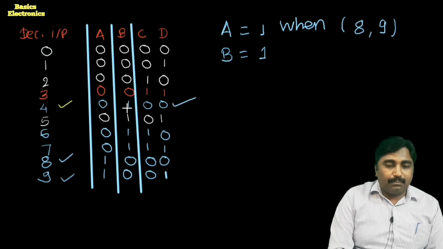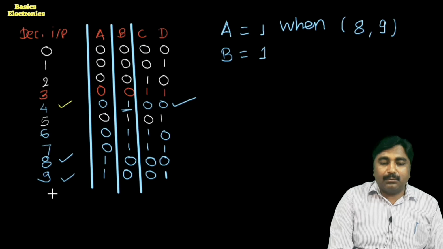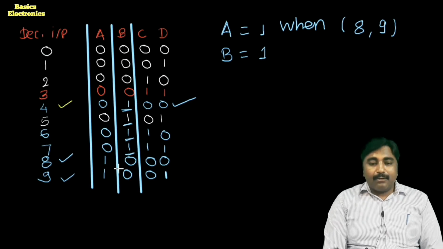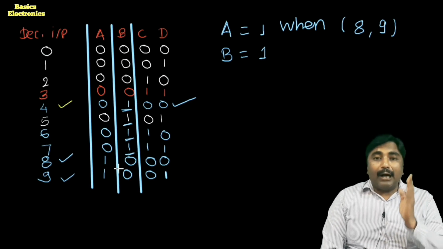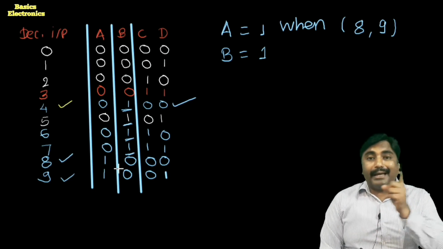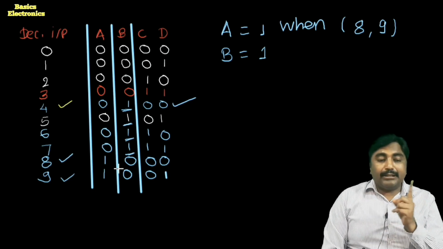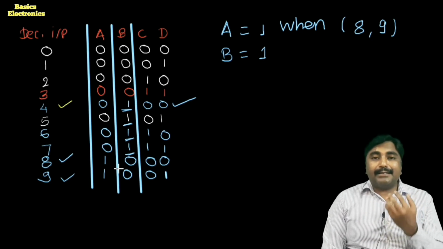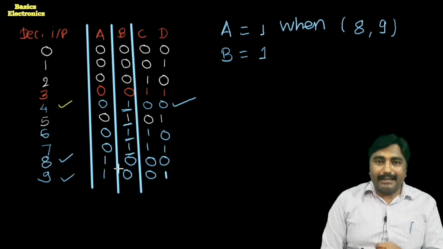The output of the B gate is equal to 1 when the 5 number is pressed, 6 number is pressed and 7 number is pressed.